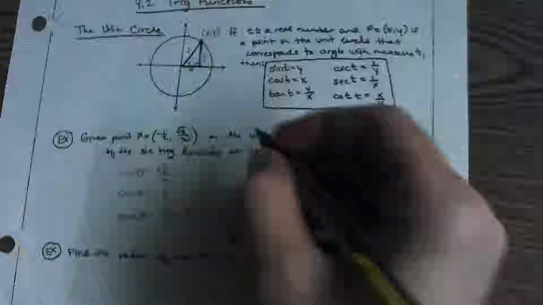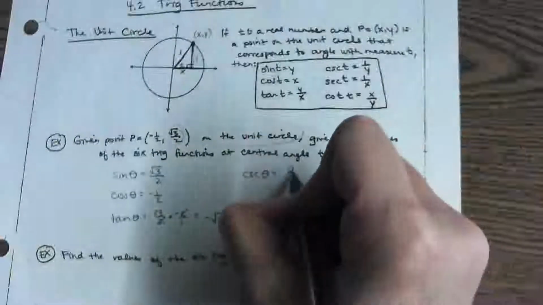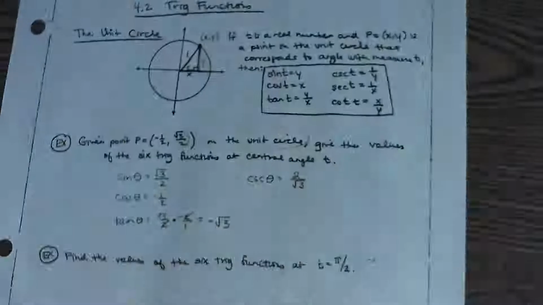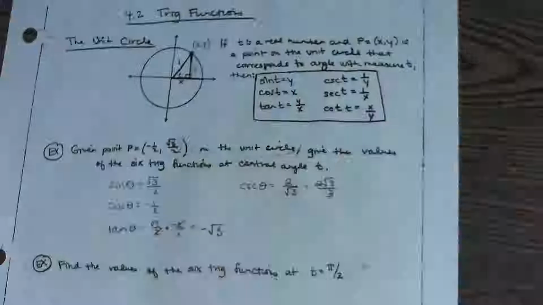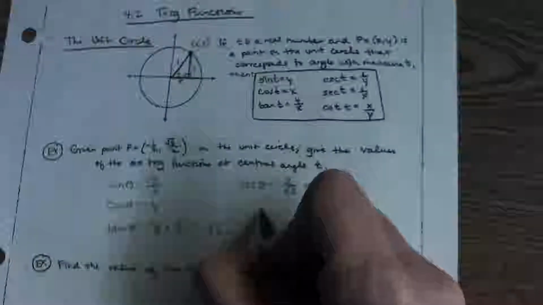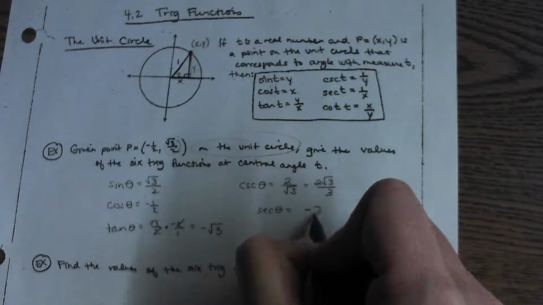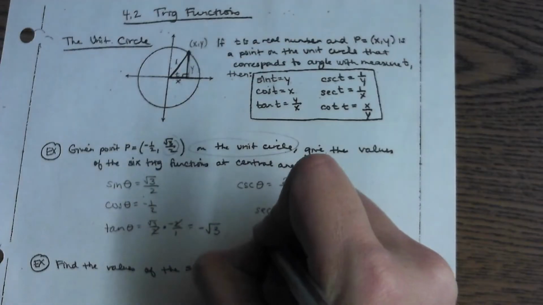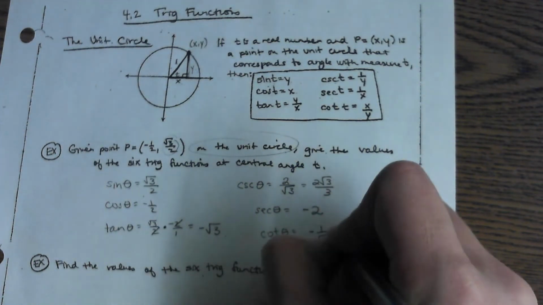Memorizing those is coming. Then your cosecant is just your reciprocal, but we will rationalize in the trig chapter, so that'll be 2 root 3 over 3. Your secant is -2, and your cotangent is -1 over root 3.